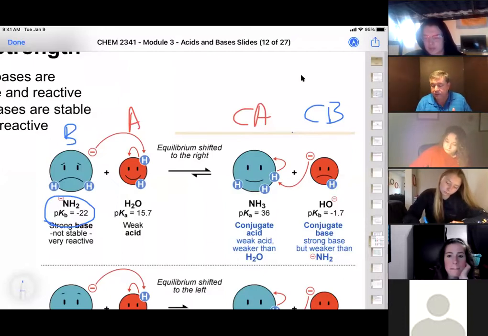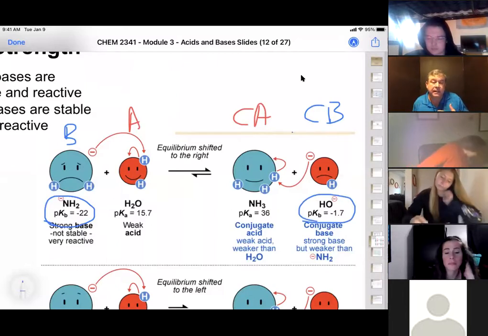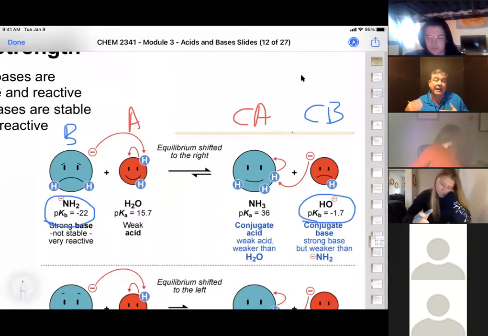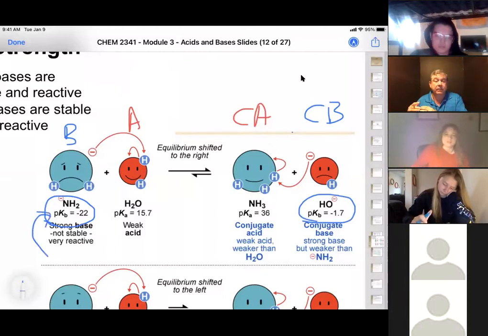Okay. If we look at the pKb of the conjugate base, it only has a pKb of minus 1.7, which means it's not as basic. So it is a weaker base than this right here. Notice it's a strong base because it's negative. Okay, it's a very strong base. It wants to completely dissociate. However, it's a weaker base than the one on this side.